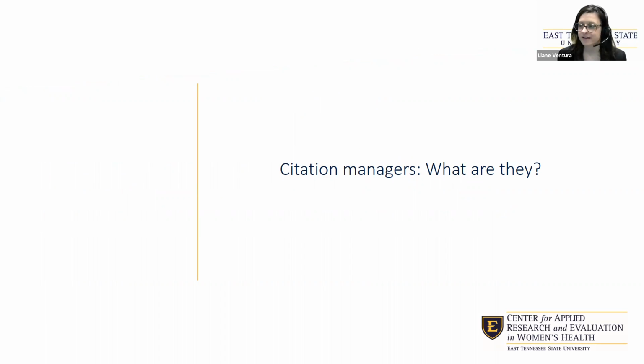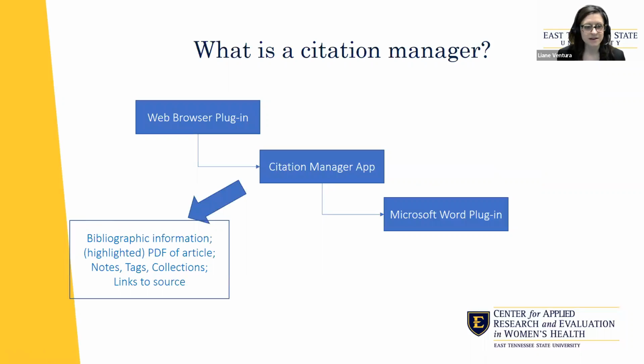Okay, thank you, Jordan. In this section, we'll be discussing what a citation manager is. So I have a schematic here. The citation manager is a way to build, store, and manage your personal research library. Through a citation manager, you can pull articles from web-based search engines such as PubMed or Google Scholar, and then import them directly into your citation manager application.